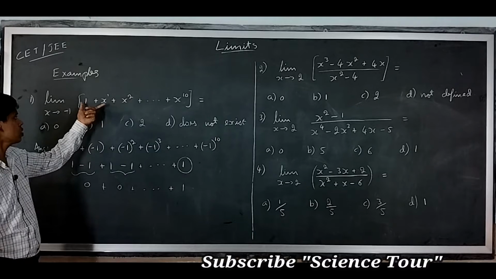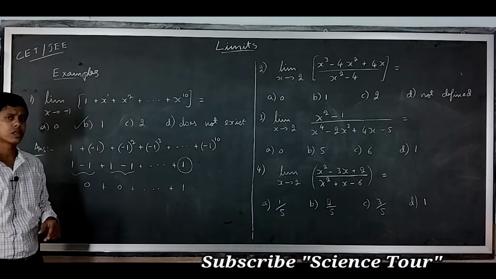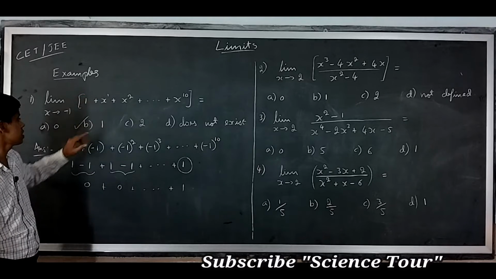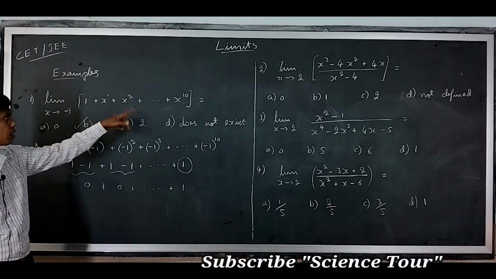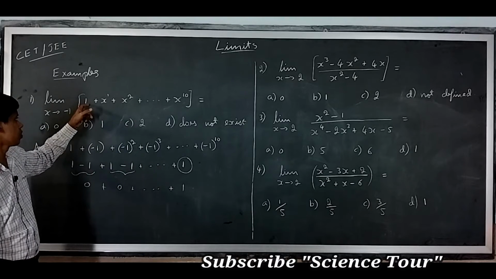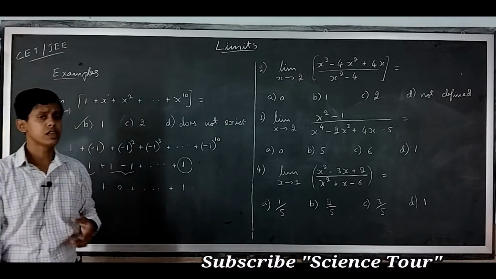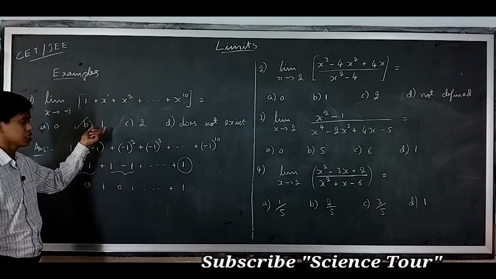So you have to count the total number of terms here. If there were an even number of terms, then you would get 0. But now there is an odd number of terms, from x to the power 0 till x to the power 10. There are totally 11 terms, hence the answer is 1.